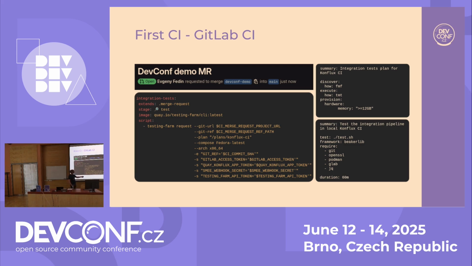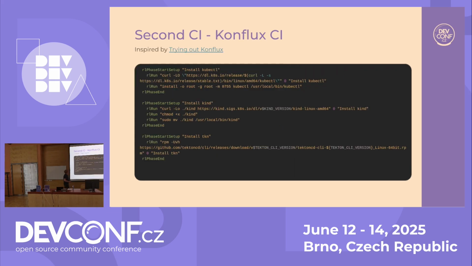And this is the test metadata of the test. It tells Testing Farm to install needed packages and run this test script which uses the Beakerlib framework. Second CI is Konflux CI. Here I'll show you snippets from the test script, mostly inspired by the Trying out Konflux guide.